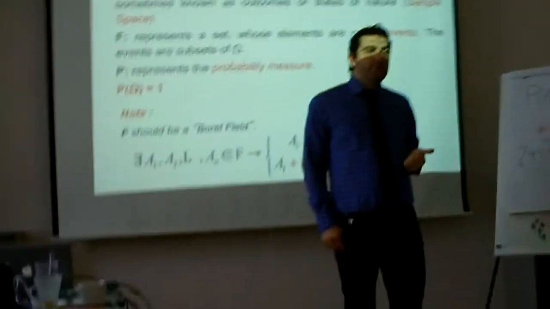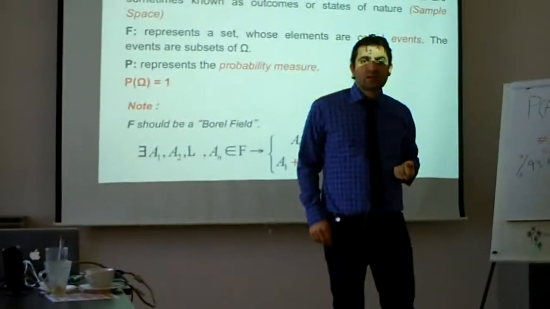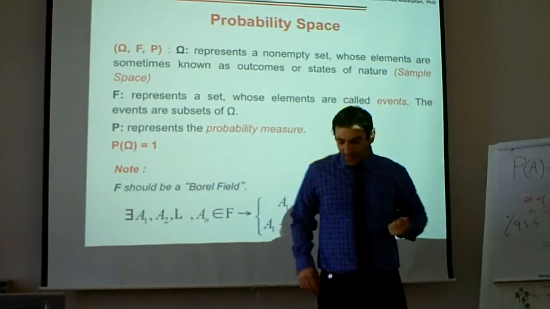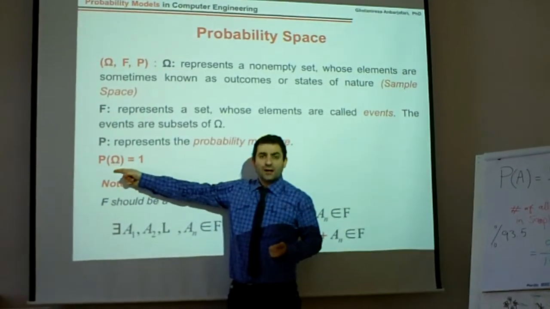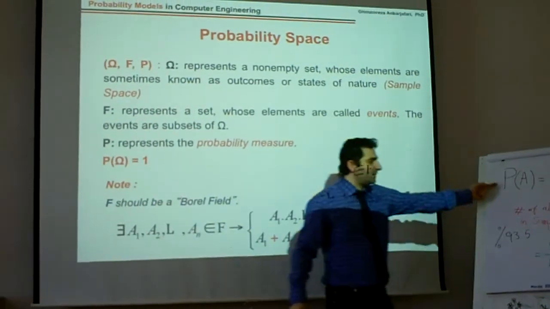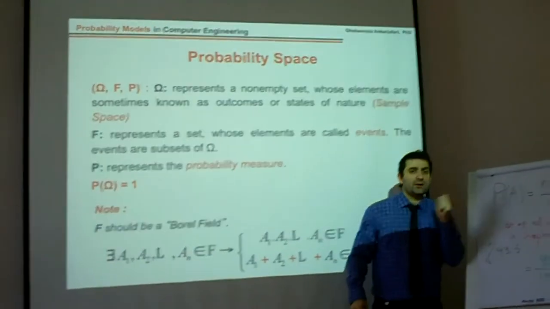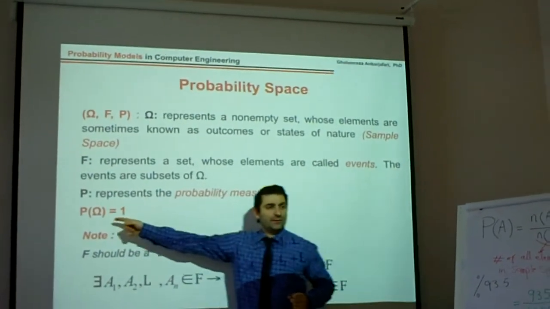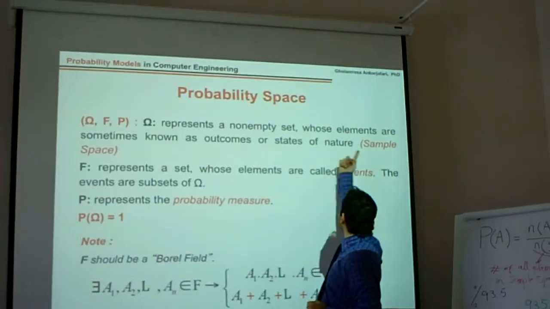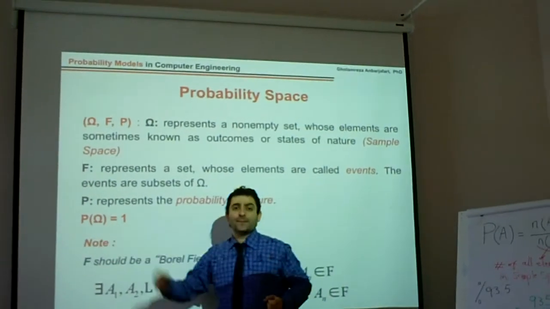There is a term which I want to ask you to interpret and answer. I have said that the probability of omega is 1. The probability of S is 1. Can you interpret this term? Probability of the sample space is 1.